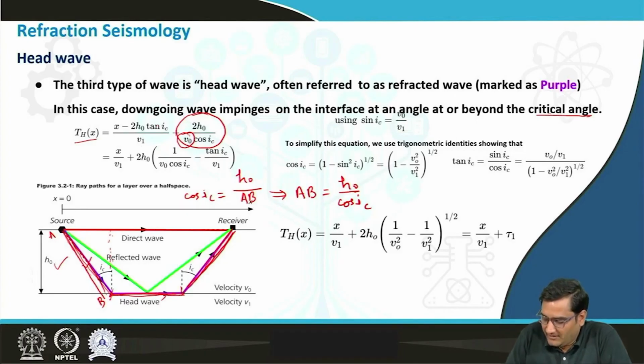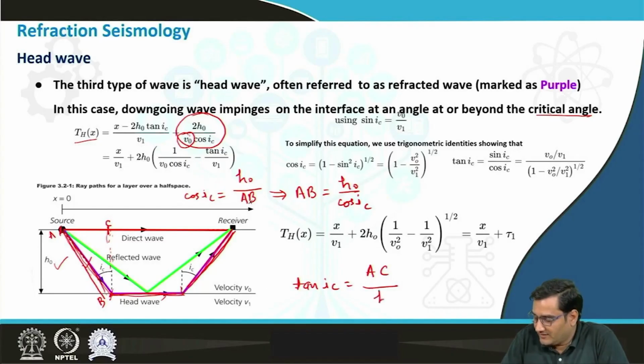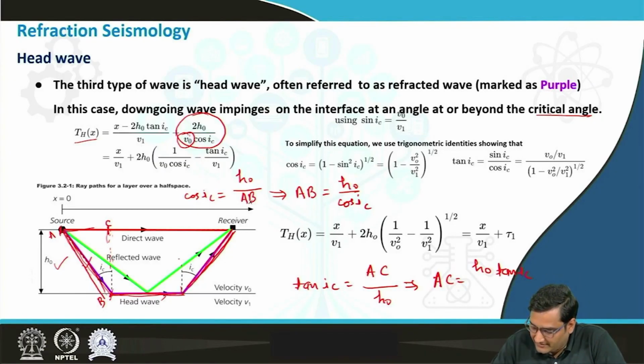So basically you can see we can find out this portion here. Let's suppose this is point AC, then you can write down tan IC is equal to AC divided by the thickness of the layer, that is h naught, which will give AC is equal to h naught tan IC. So this AC if you find, and we also extend this line further onto the surface, then this particular distance you can find out.